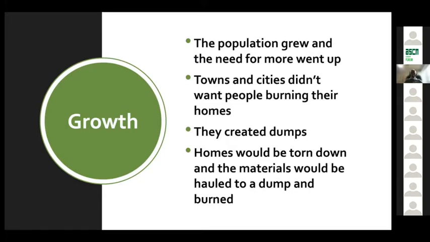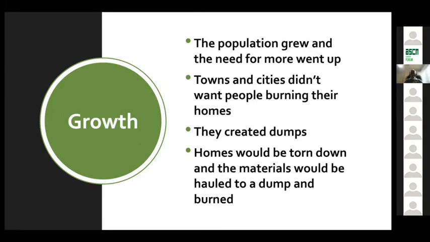But then the growth happened and the population grew and the need for more kept growing. And the towns and cities didn't want people burning their homes. So they said, no, you can't just burn your home down anymore. Tear it down and take it out and put it on that heap of stuff over there. And they created dumps.